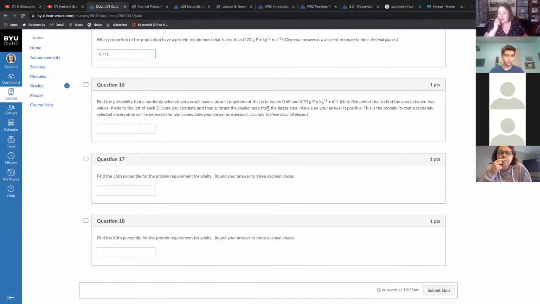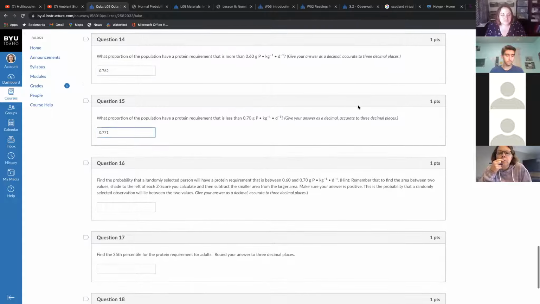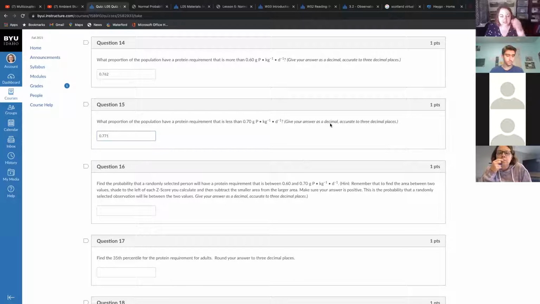This is the one on the homework that I had a hard time with. 16, find the probability that a randomly selected person will have a protein requirement that is between 0.6 and 0.7. And remember that to find the area between two values, shade to the left of each Z-score to calculate, and then subtract the smaller area.